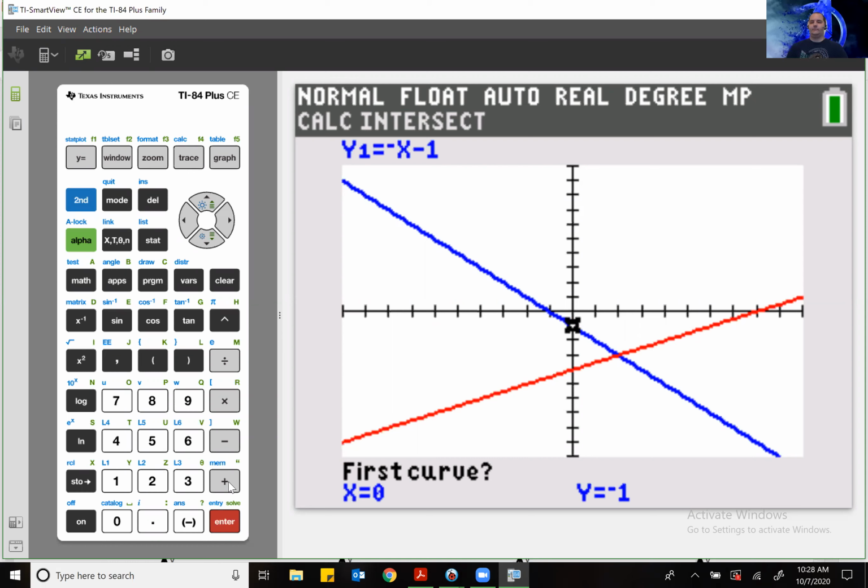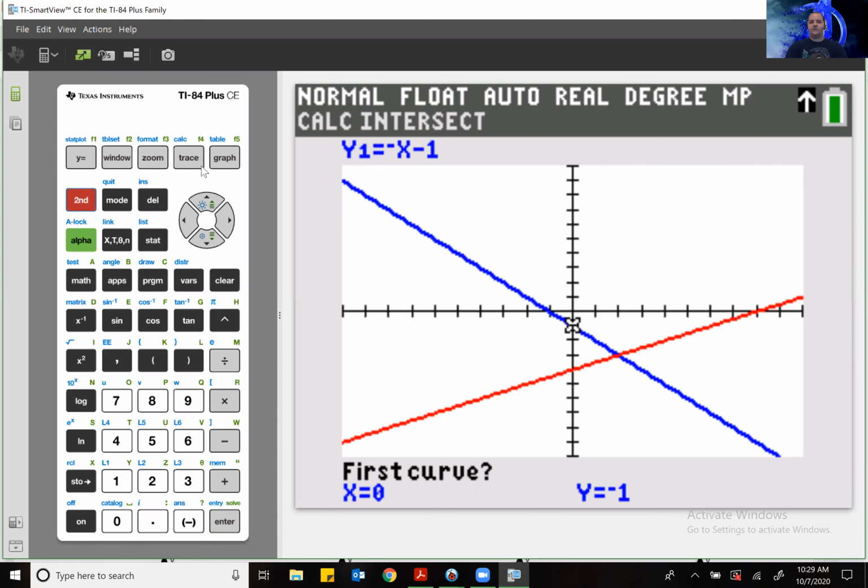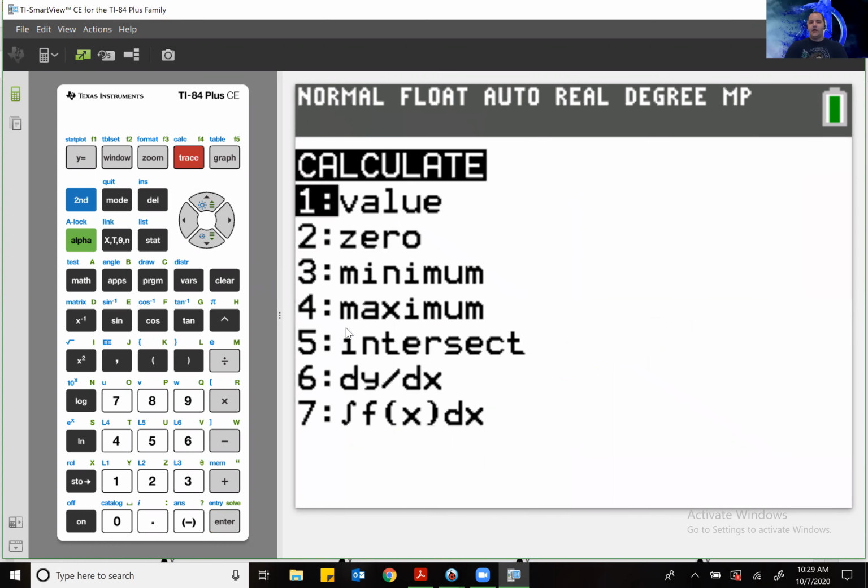What do we got to do? On the calculator, you mean? No. We went to second trace, and we're going to check the intersect. That's number 5.